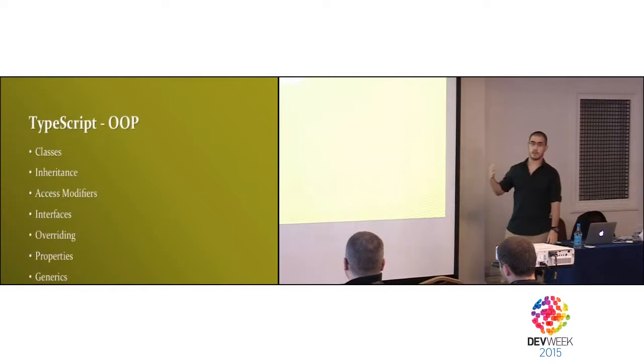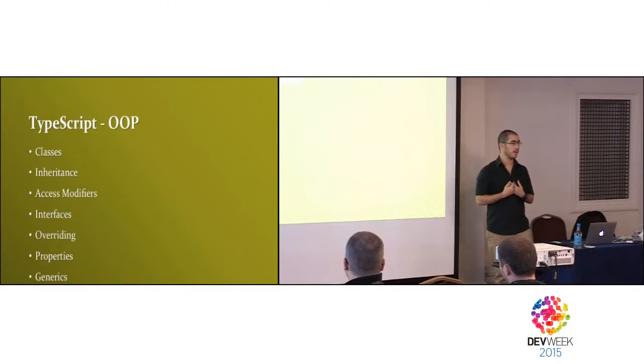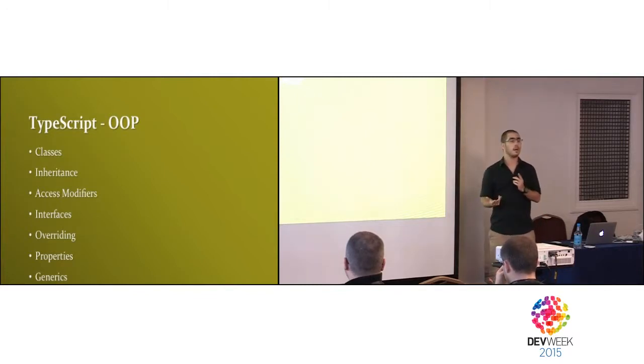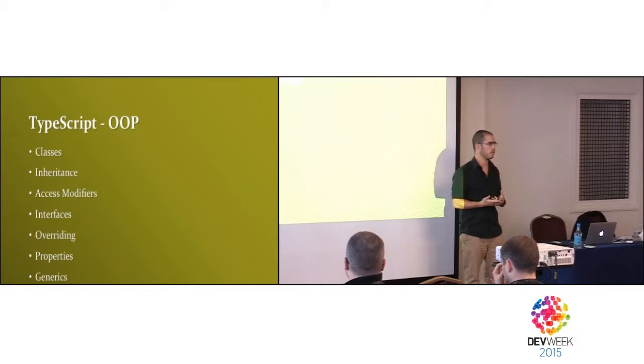So this is a list for me of what I think I need to have in order to have a good object-oriented solution. So of course I need a class, I need an interface, and inheritance. I will need some access modifiers. I will need public and private, because without them I'm a bit in a problem.